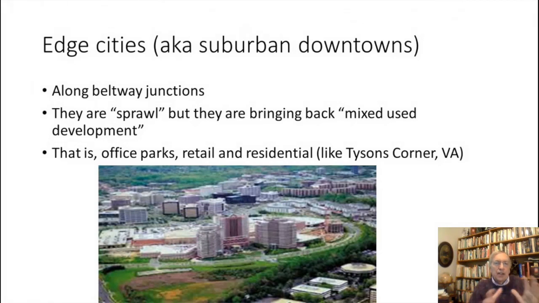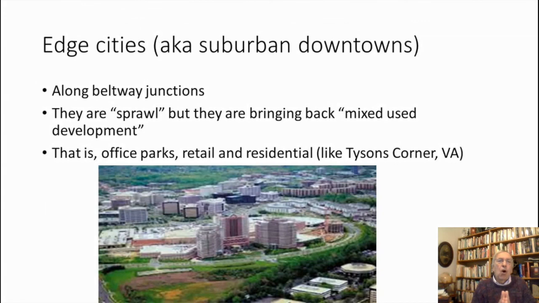Another example of advance and retreat, and also an example of the Harris and Ullman multiple nuclei, are what are now called edge cities, also known as suburban downtowns. This particular picture is one of the earliest ones, one of the most developed over time. It's called Tyson's Corner. It's in Virginia. It's where Route 66, Interstate 66 meets the Washington Beltway, which is 495.